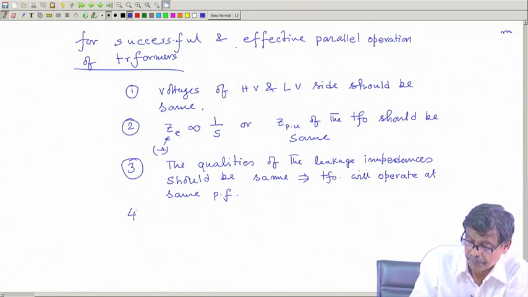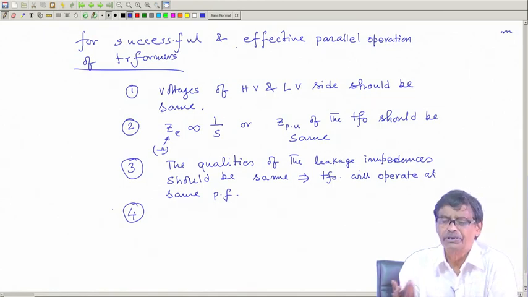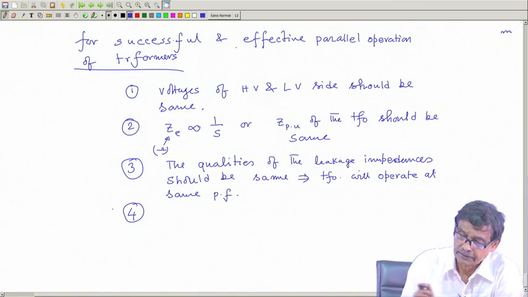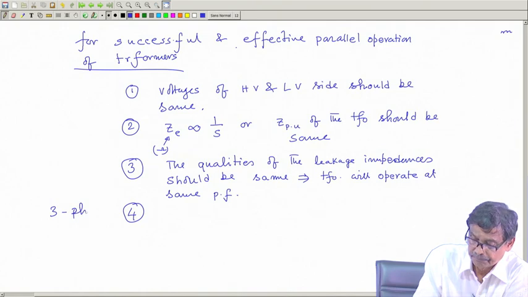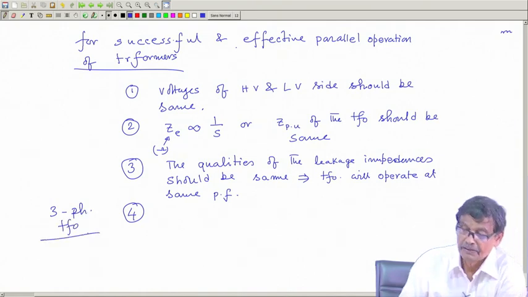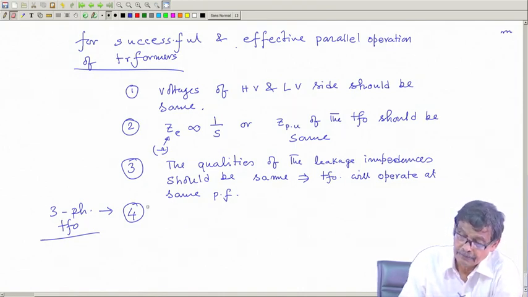Now, number 4, and of course, this I have not listed with due regard to polarities you have to connect. The 4th is for 3-phase transformers. Only thing is, we will say that line voltages of HV side and LV side are the same, because line voltage is how a 3-phase transformer is specified.